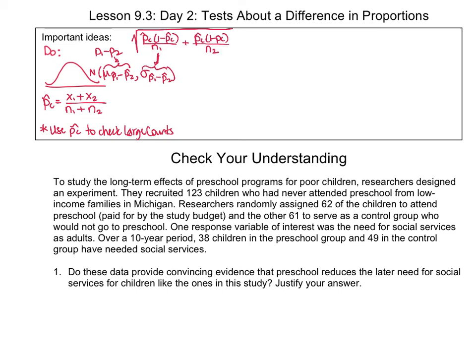Our test statistic is going to have the same formula that it's had all year. When it comes to the general formula, test statistic is equal to statistic minus parameter divided by standard deviation.